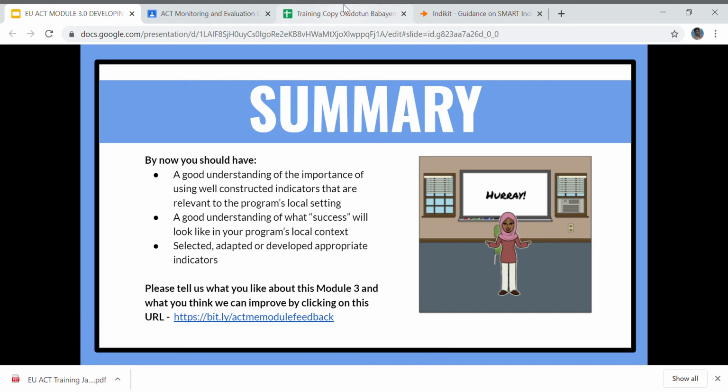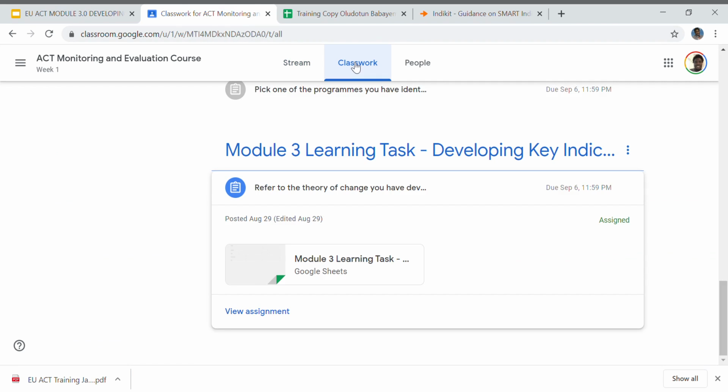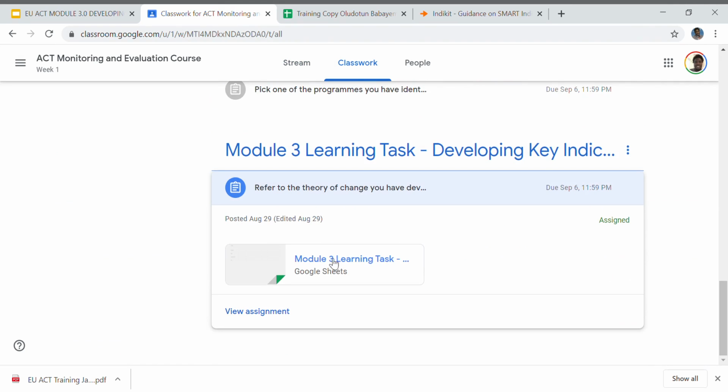So maybe we should just quickly look at our learning task, which is this. And don't forget, you can get that in the classroom, which is here. So it's module 3 learning task.